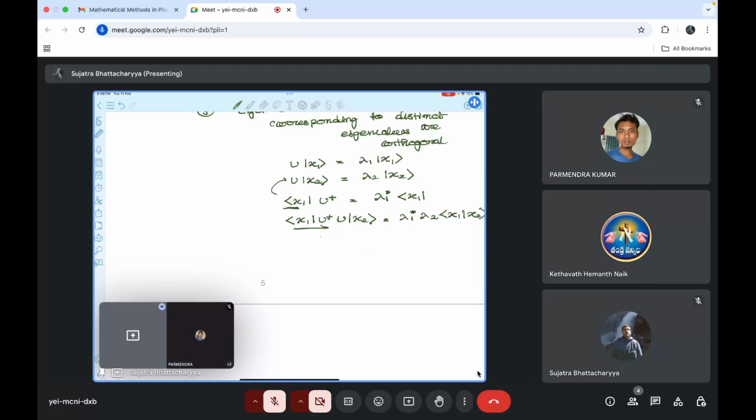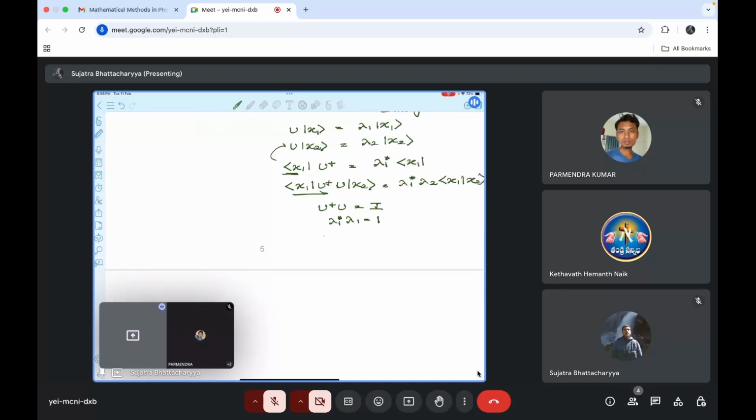U dagger u is I. And one important thing is that u dagger u is equal to I, and we have also seen that lambda 1 star lambda 1 is equal to 1.